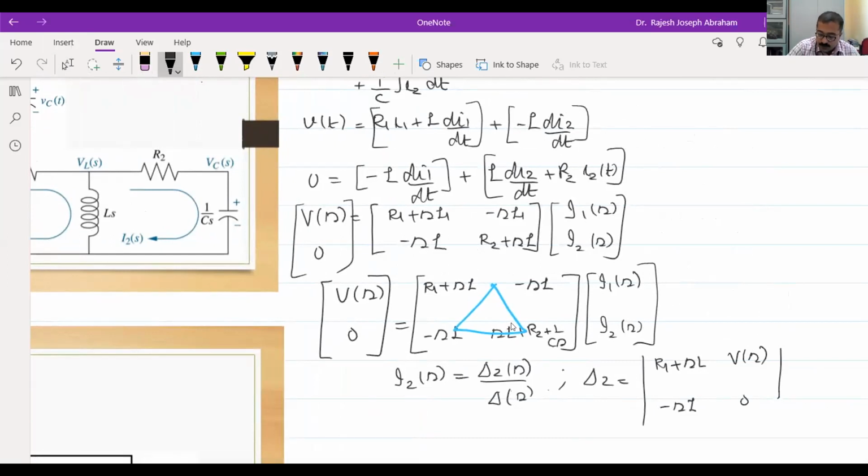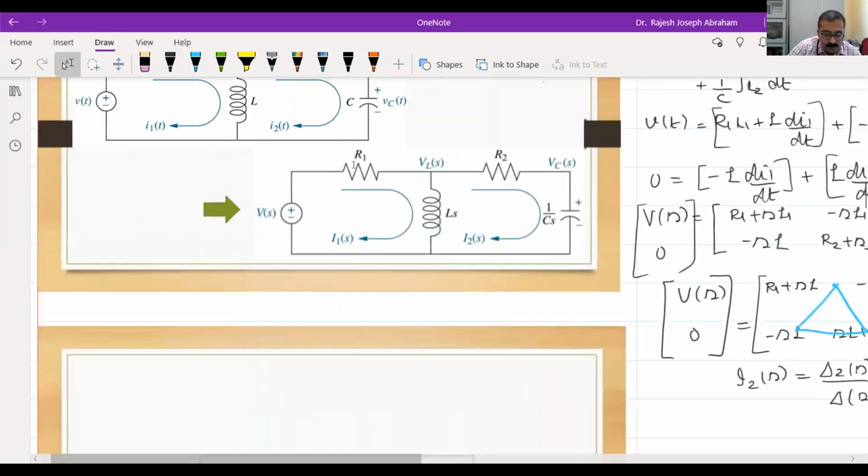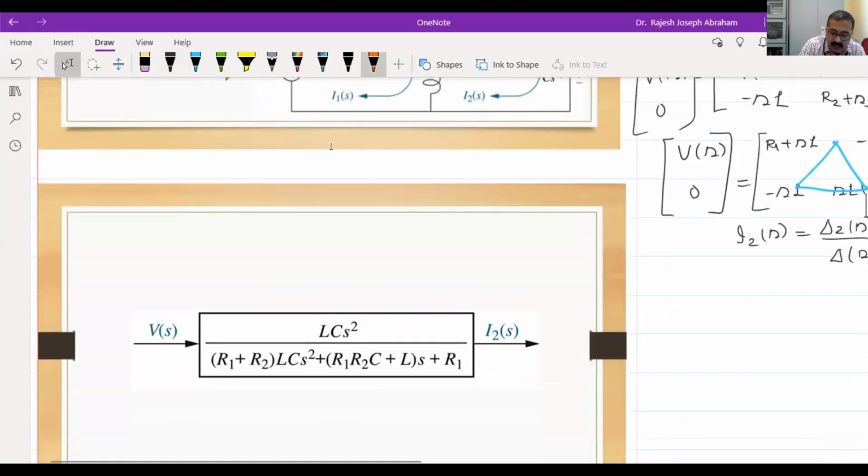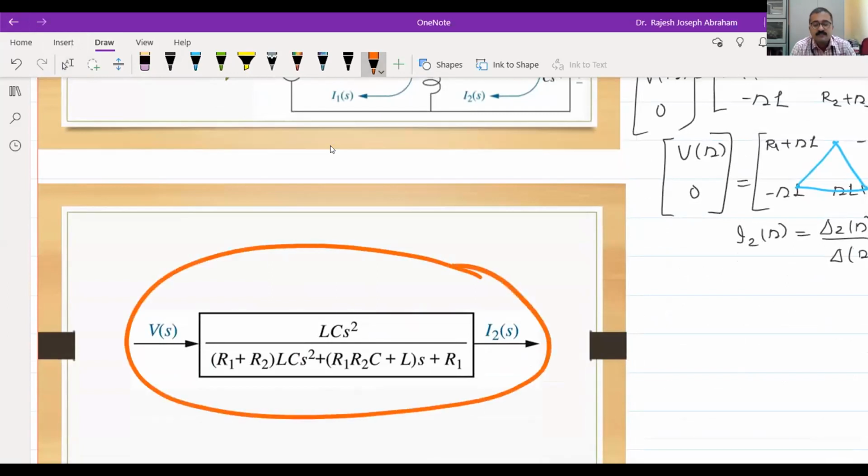So once you know delta 2, once you know delta, you can find what is your I2 of S. After finding I2 of S, what we have to find? We have to find the transfer function between I2 of S to V of S. Take the ratio. So we should get an answer of this thing. So this will be the transfer function between I2 of S to V of S. Fine.